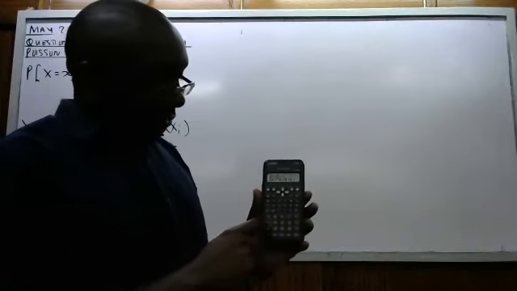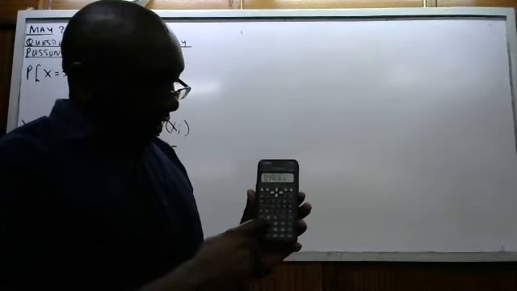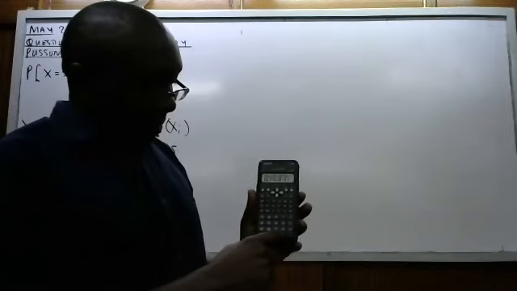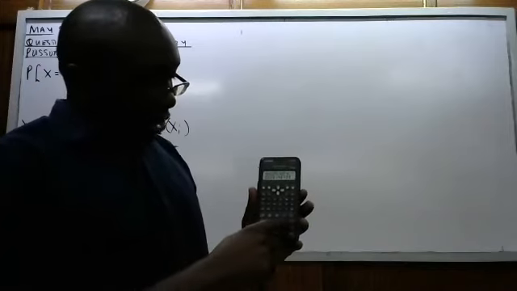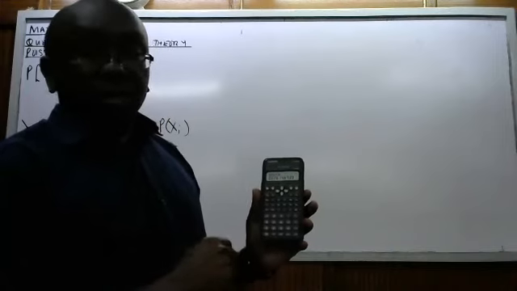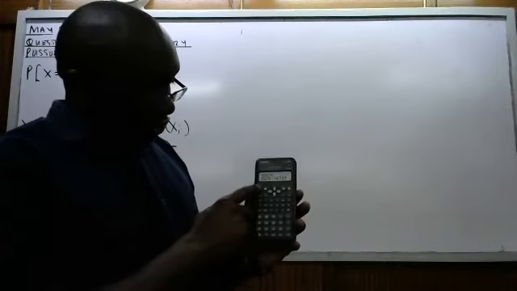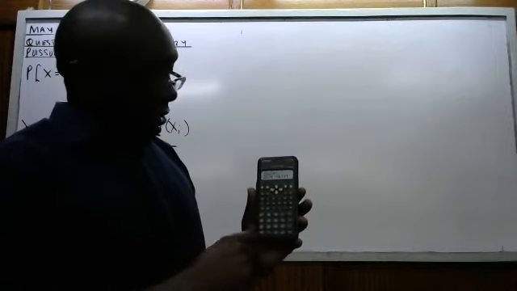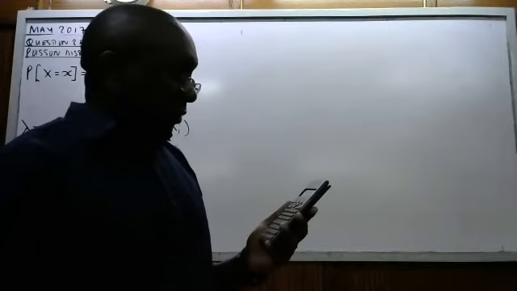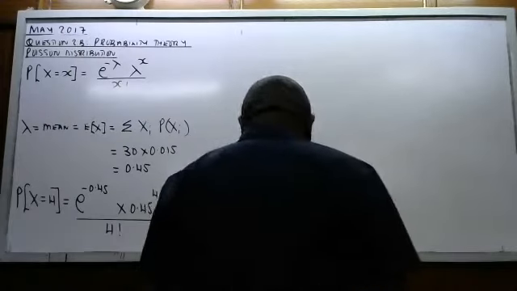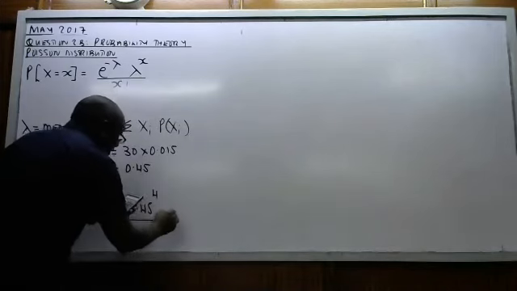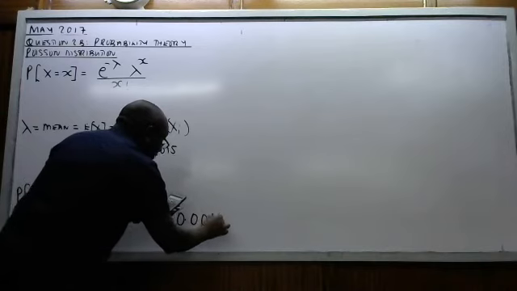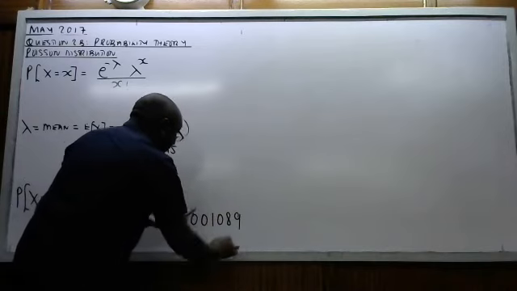Then you say times 0.45 raised to power 4, equals. Then you divide by 4 shift factorial, where there is factorial, equals. So the answer that you should get is in that form. It is like this: 0.001089.